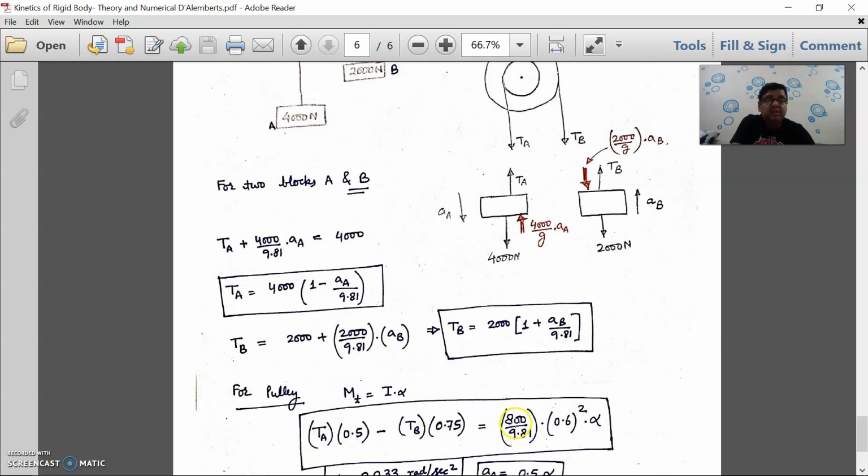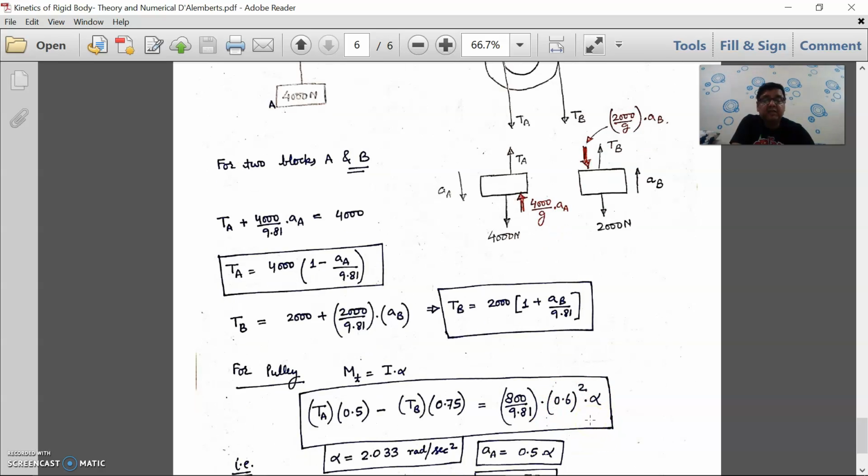But since we know the weight of the pulley, we will not take m, we will take W by g, multiplied by k square, where k is the radius of gyration, and multiplied by alpha, where alpha is unknown.